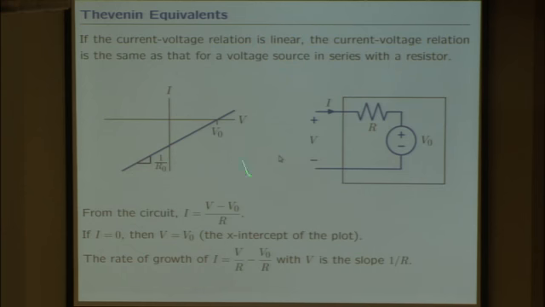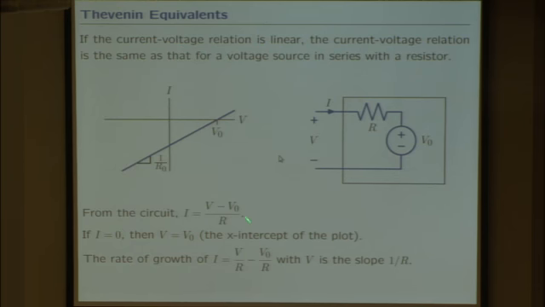So that means you look over here, you figure out the x-intercept, and the x-intercept is the value of the voltage source. Similarly, you figure out the rate of growth of I. So more generally, if you solve for I, it will be the difference between V and V naught divided by R. That's just Ohm's law for the resistor.